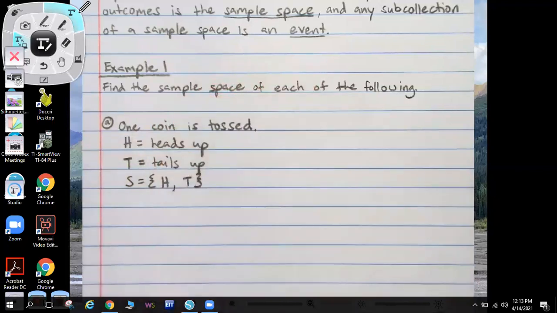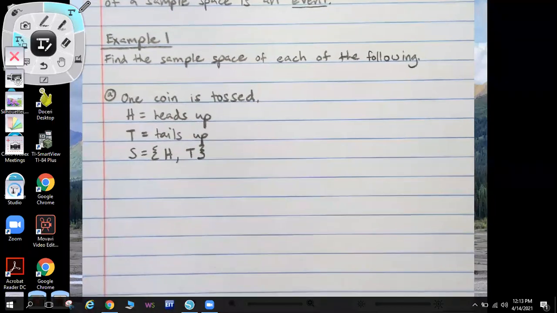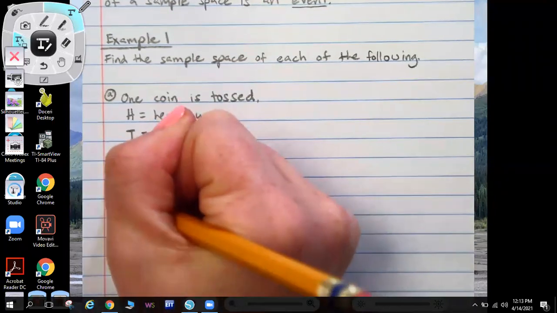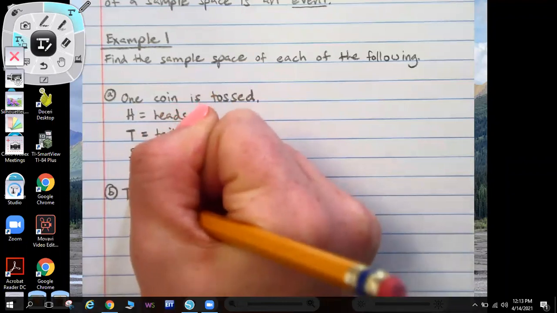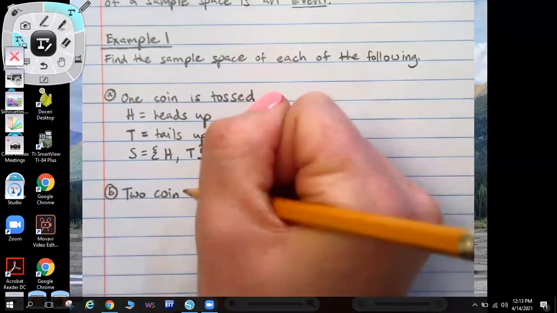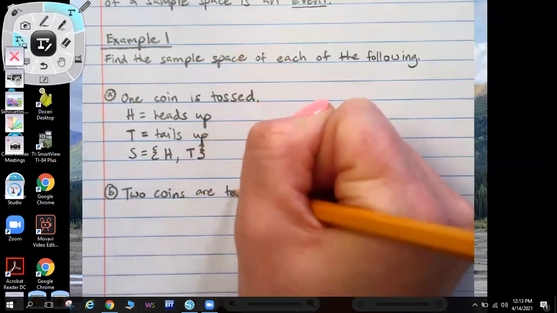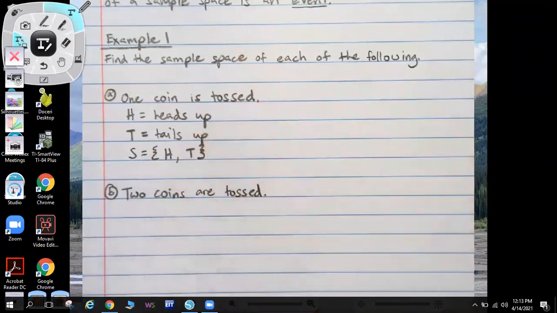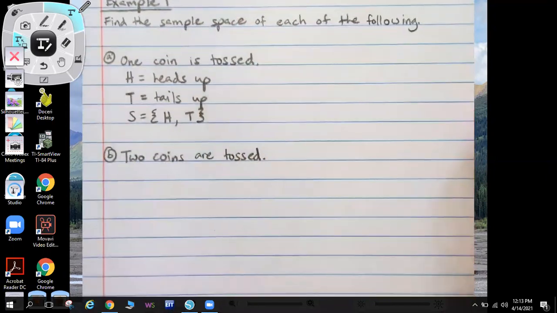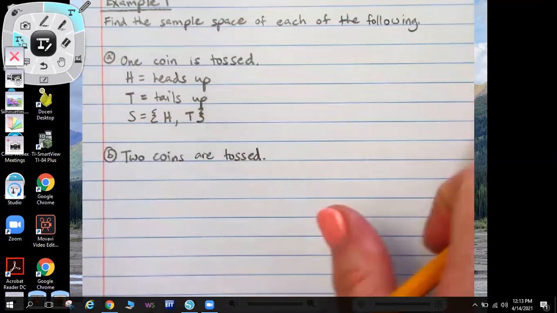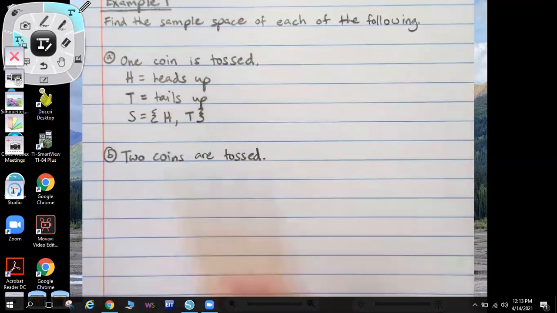So our list is just H and T. Part B, 2 coins are tossed. Okay, so let's list the possible outcomes.